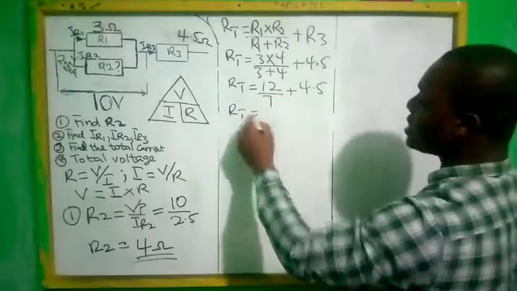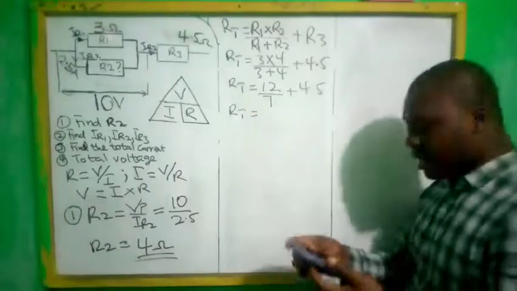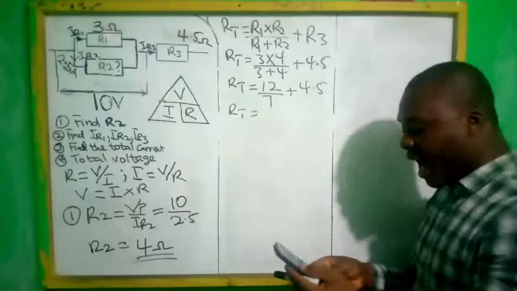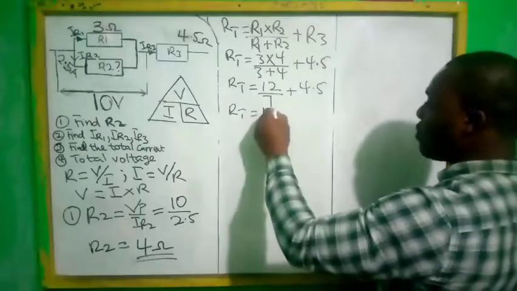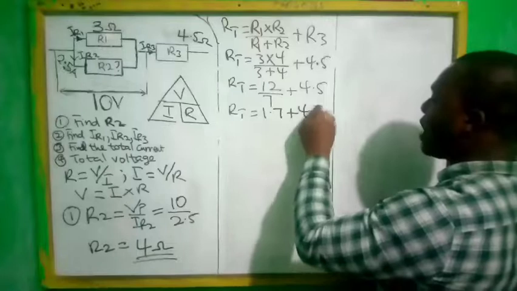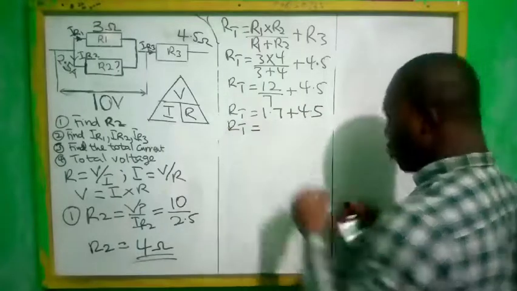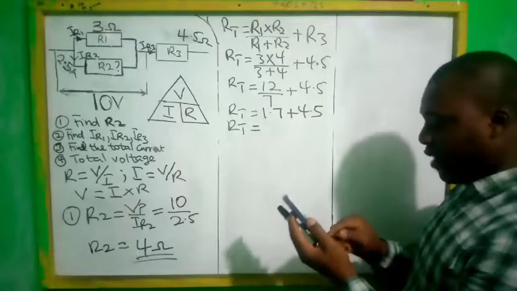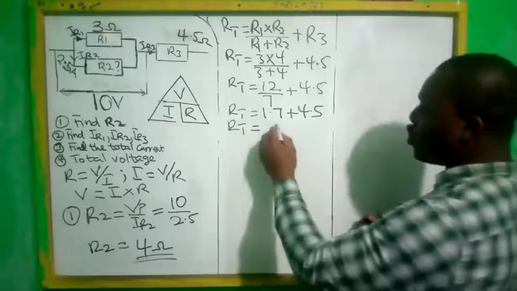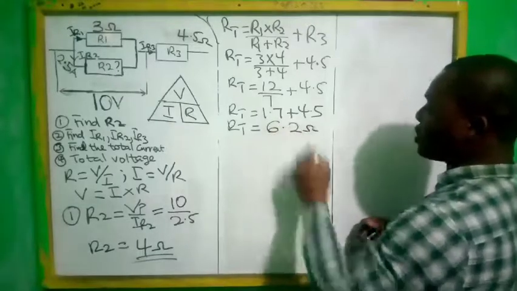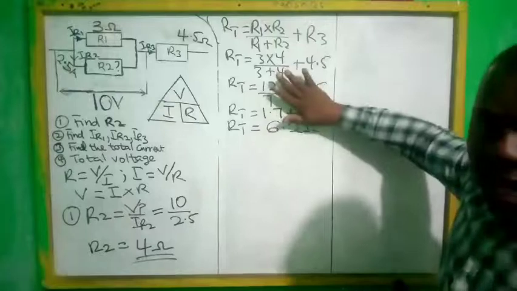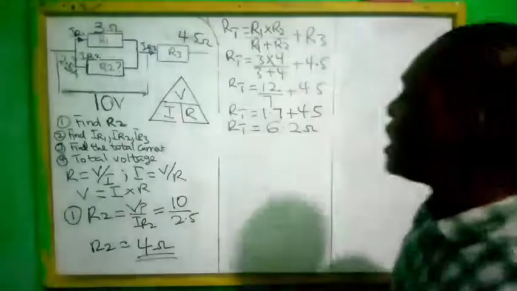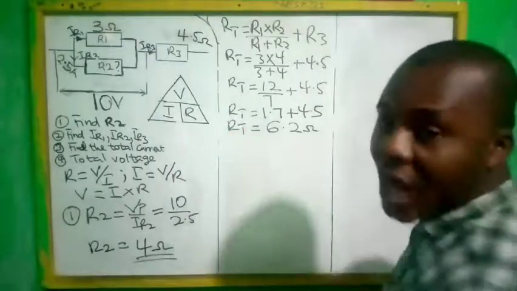You can use your calculator to check this. 12 divided by 7 is 1.7. Then 1.7 plus 4.5 gives us 6.2 ohms. Now that we know this, I want this to remain like this. At the end, we'll use it to check whether our answer is correct.